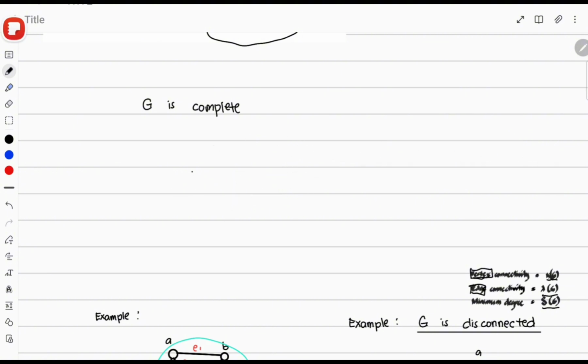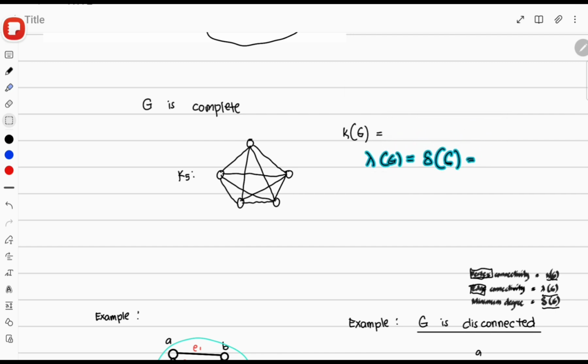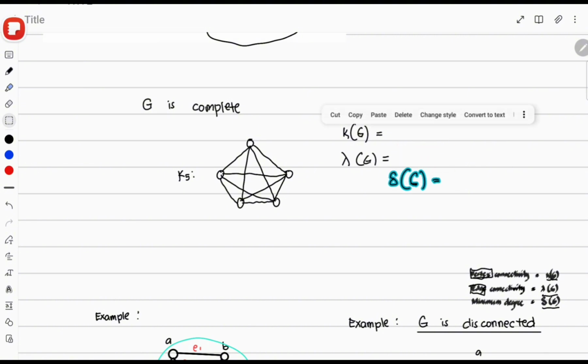Okay. Let's assume that G is connected but not complete. Suppose this is not complete, and let's remove this one. This graph is connected but not complete.